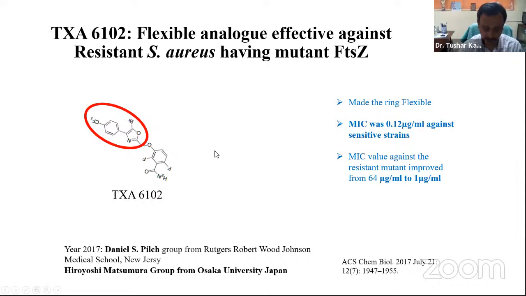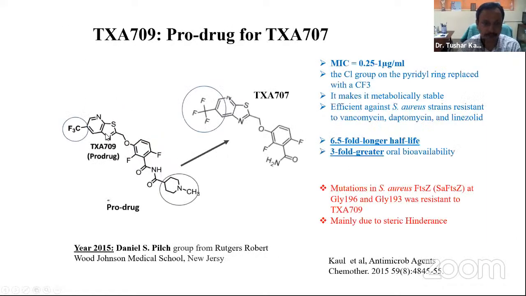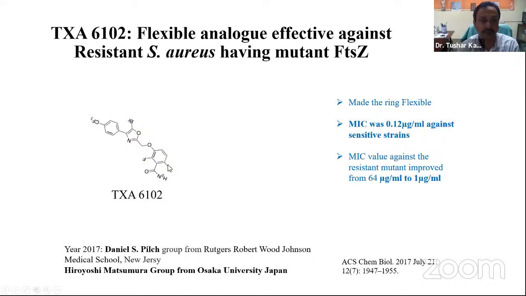If you look at the previous molecule, you can see that this is joined, but here they made it flexible, and due to that flexibility, that steric hindrance which was actually creating the drug resistance did not happen for this molecule.